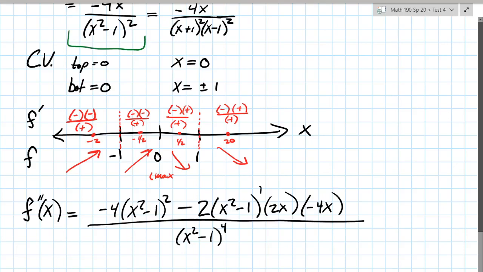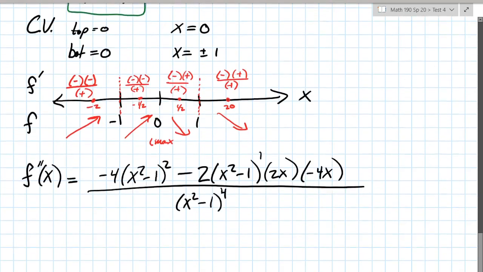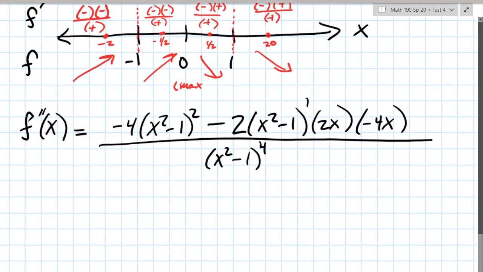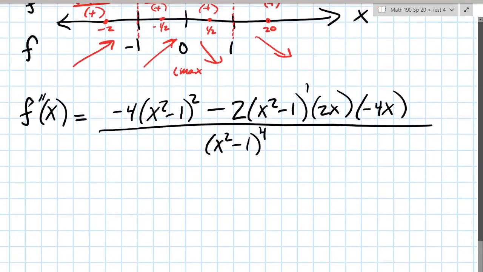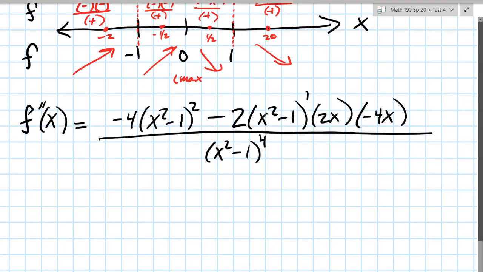And here, this is it to the 4th power now. So we'd like to see what we can factor and simplify from here. I see a negative 4 and a negative 4. I see an x squared minus 1 and an x squared minus 1, and that power is going to be the smallest power, which would be the first.